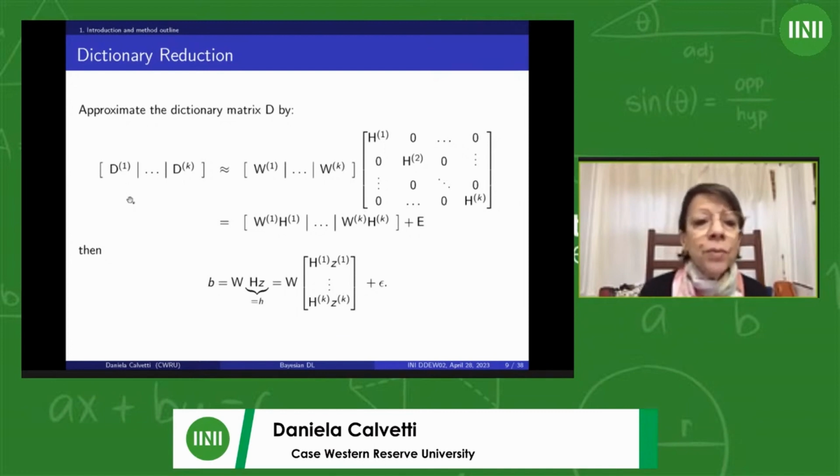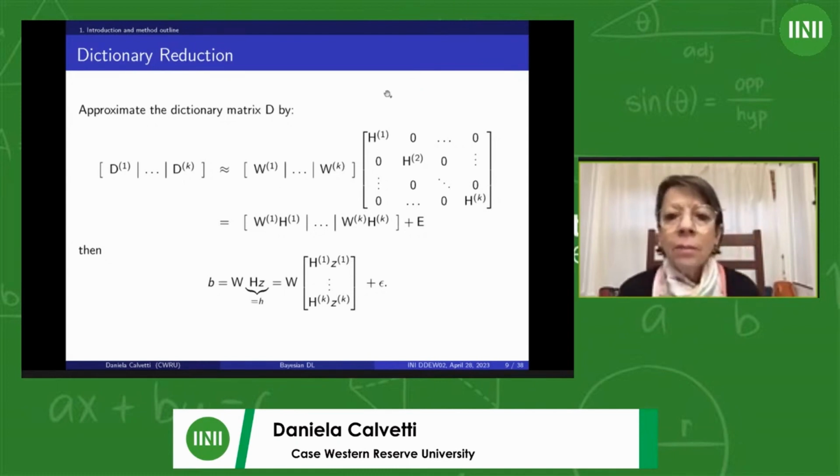So we can think that after this operation, the original dictionary, here partitioned into its subdictionaries, is approximated by the dictionary of feature vectors. So we're extracting from the subdictionaries the summary of their content and multiplying by this block diagonal matrix with the H.